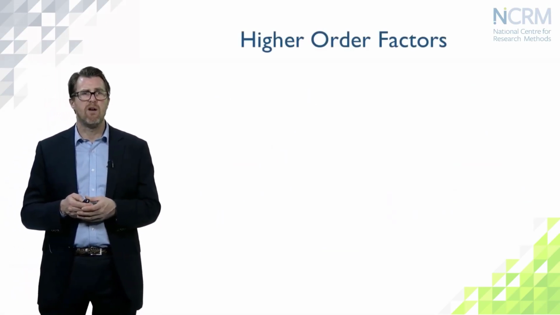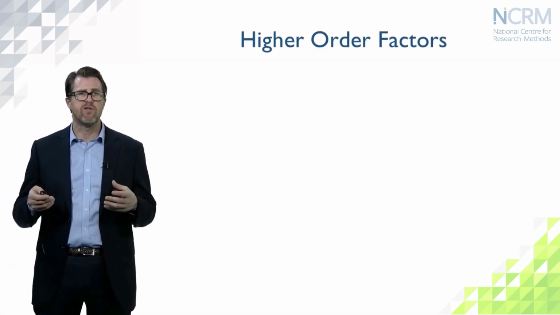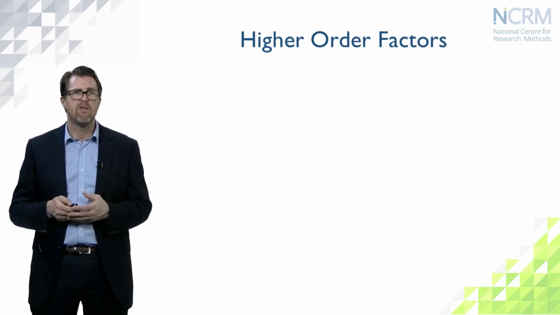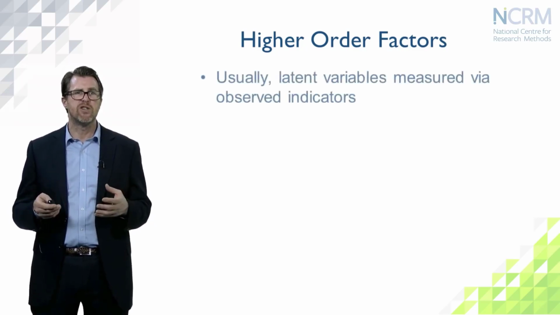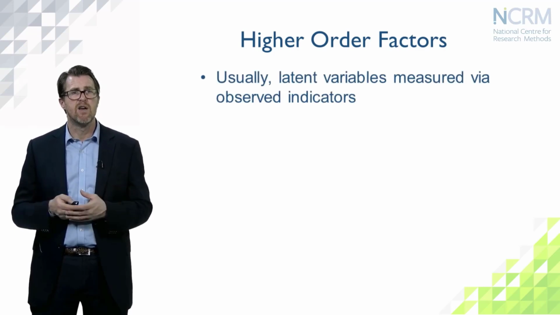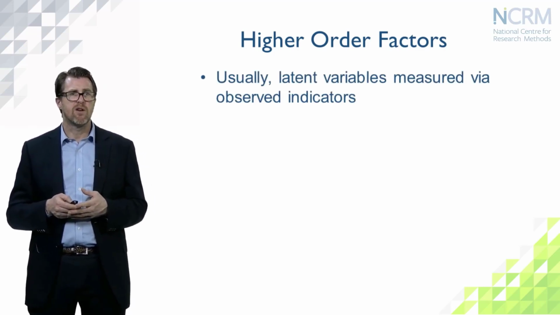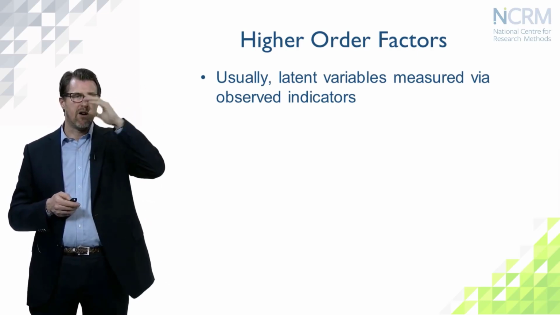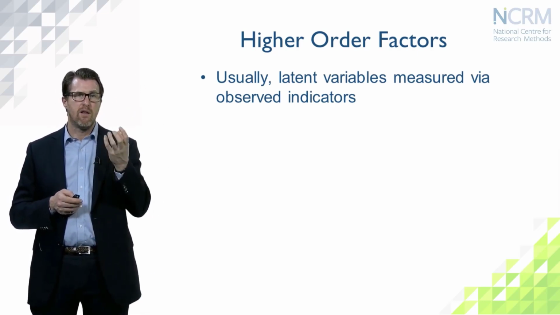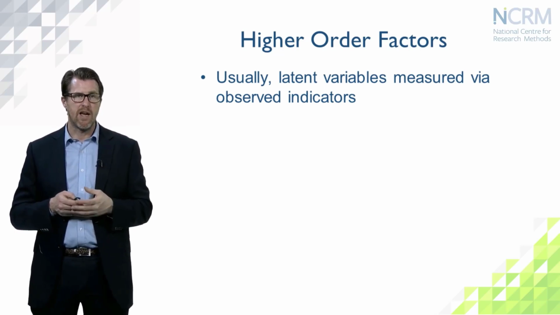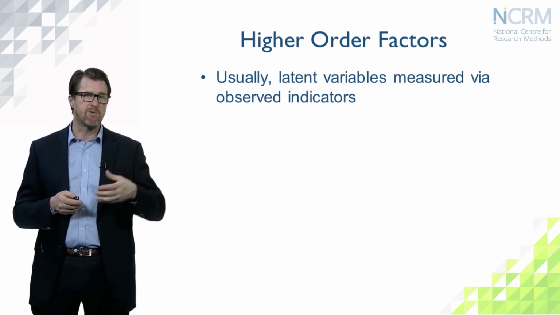Lastly, I'm going to talk about a kind of confirmatory factor model where the latent variables are not measured by observed indicators, but are themselves measured by latent variables. So we have a sort of hierarchical structure where a first set of latent variables are measured using observed indicators.